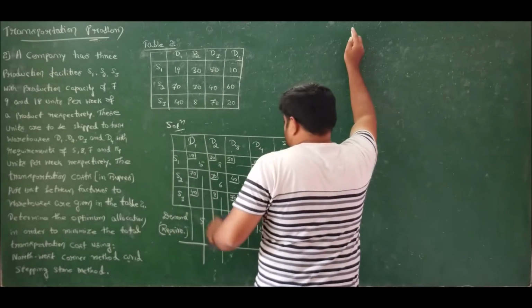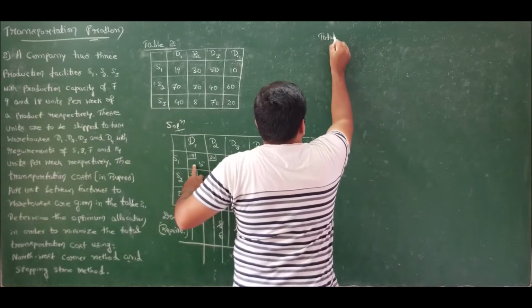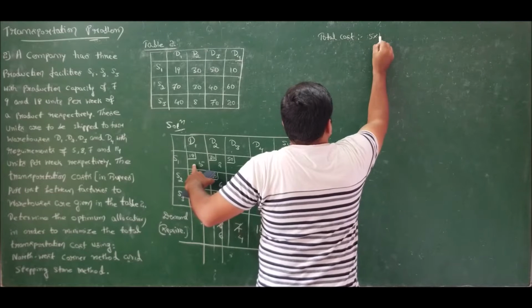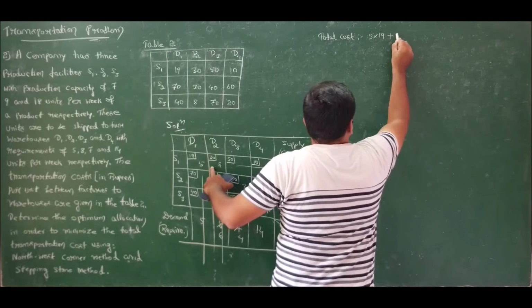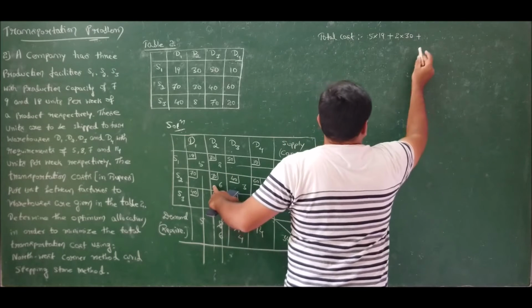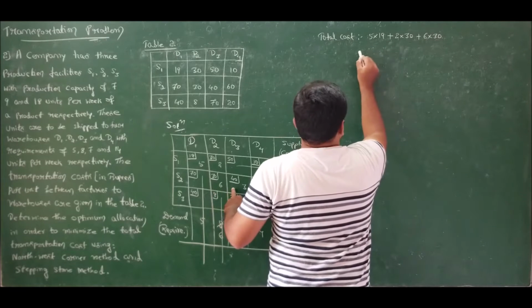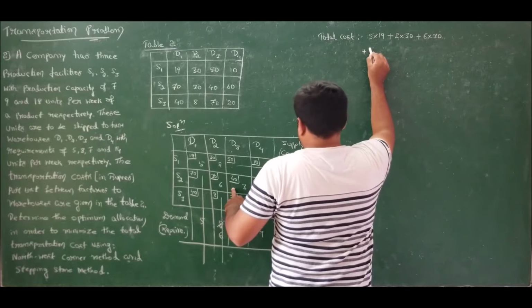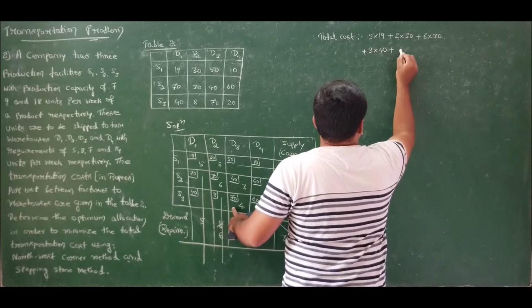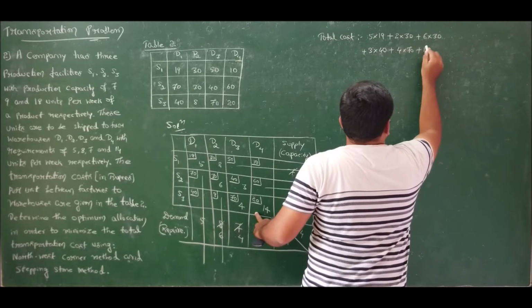So the total cost from step 1 is turning out to be 5 into 19 plus 2 into 30 plus 6 into 30, plus 3 into 40, plus 4 into 70, plus 14 into 20.